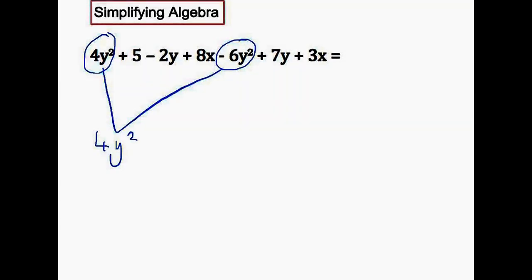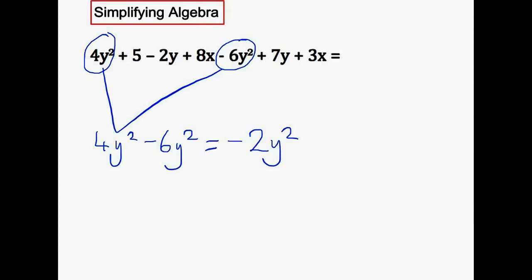So I must make sure that I note that. And to do that, I'm going to put a circle around it like that. So what I have here is 4y squared, take away 6y squared, and that leaves me with negative 2y squared.